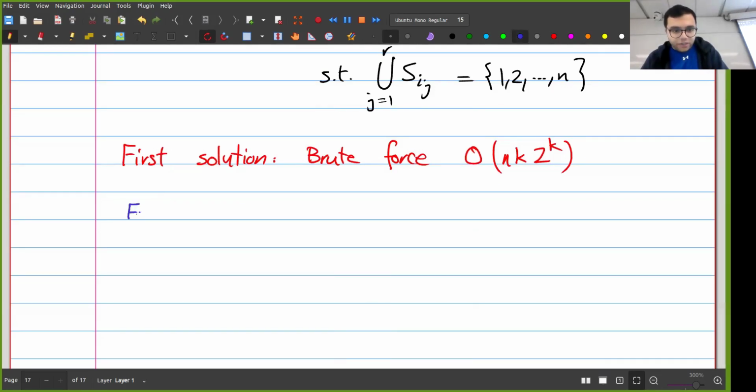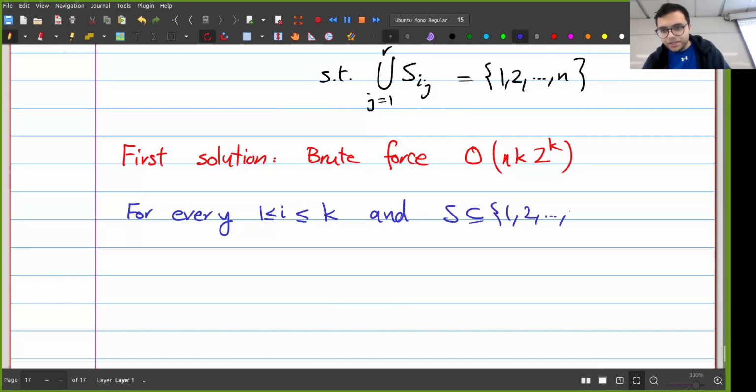I say for every I between 1 and k, and every subset S of the numbers 1, 2 to n, define this. Let's say that dp of I, S is going to be equal to the minimum number of subsets that I have to take if I can only choose from the first I subsets.